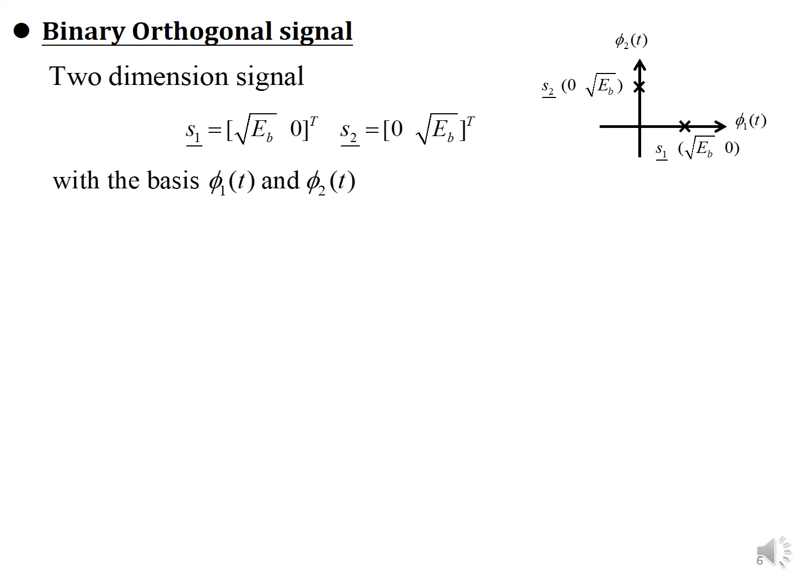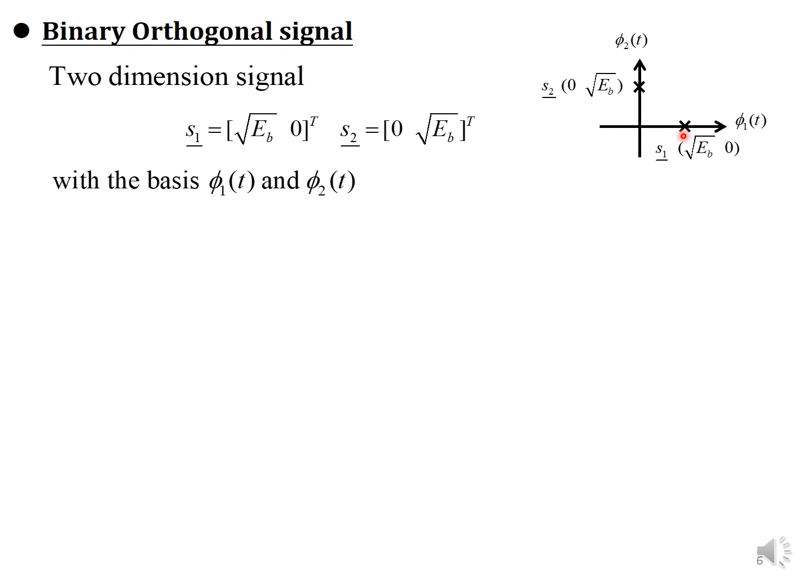Okay, so so far that is the binary PAM. Next, let's look at the so-called binary orthogonal signal. For the binary orthogonal signal, we have a two-dimensional signal that has two basis functions, so it is binary orthogonal, with two orthogonal bases.